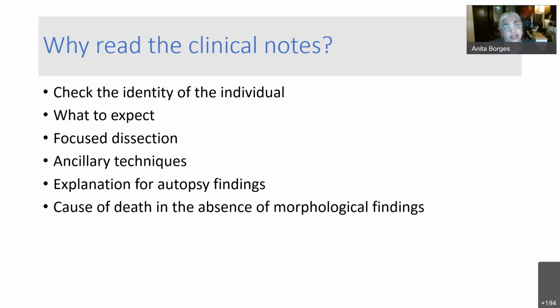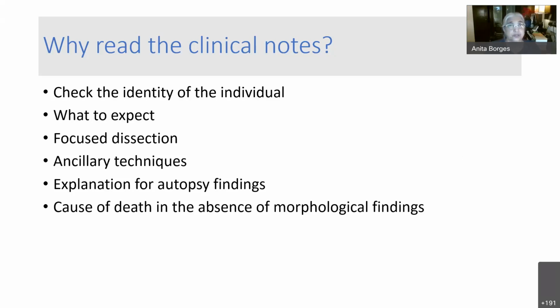It may be that you suspect a poisoning or some other thing, which allows you to prepare yourself to send off for these ancillary investigations. And if you've read the notes, then you come prepared with all the paraphernalia that you might require.